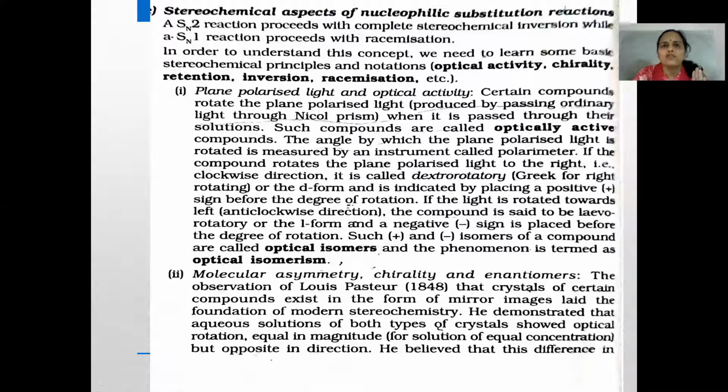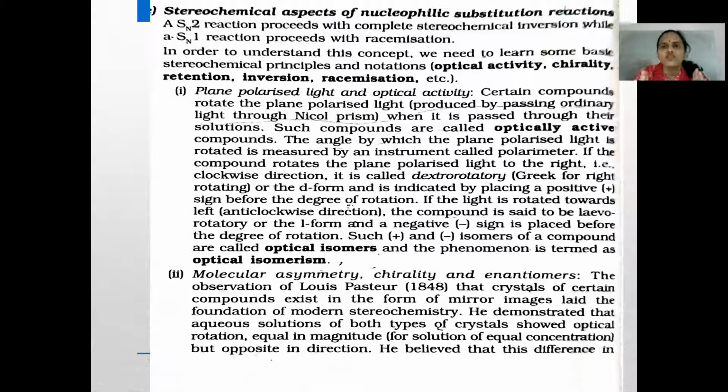If the plane polarized light is rotated towards the right, it is called a dextrorotatory compound. The word comes from the Greek, dextro, and dextro means right. So it is called dextrorotatory or the D form, and is indicated by placing a positive sign before the degree of rotation.